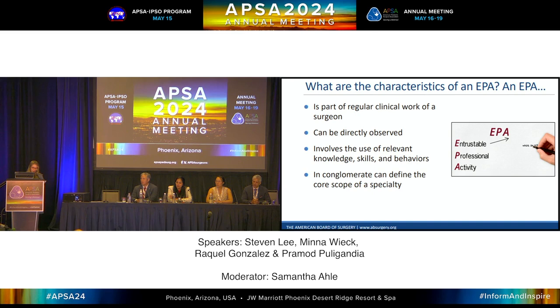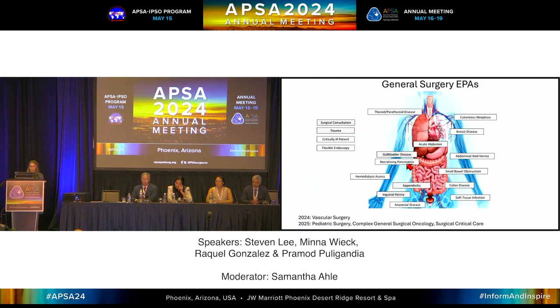And in conglomerate, they're supposed to define the scope of a specialty. This figure is representative of how the American Board of Surgery defines general surgery and the EPAs that make it up. Importantly, this year, vascular surgery EPAs are going to be launched, and next year, in 2025, EPAs are going to be launched for surgical critical care, surgical oncology, and even more relevant to us is pediatric surgery.